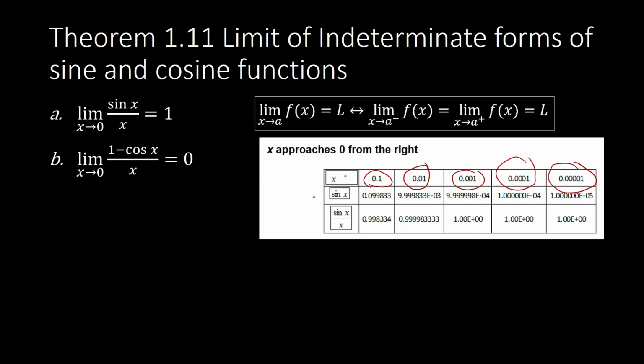The second row is sine of x, and the third row is the value of our function, sine of x divided by x. Look at what's happening here. As x approaches 0 from the right, the value of our function approaches 1.